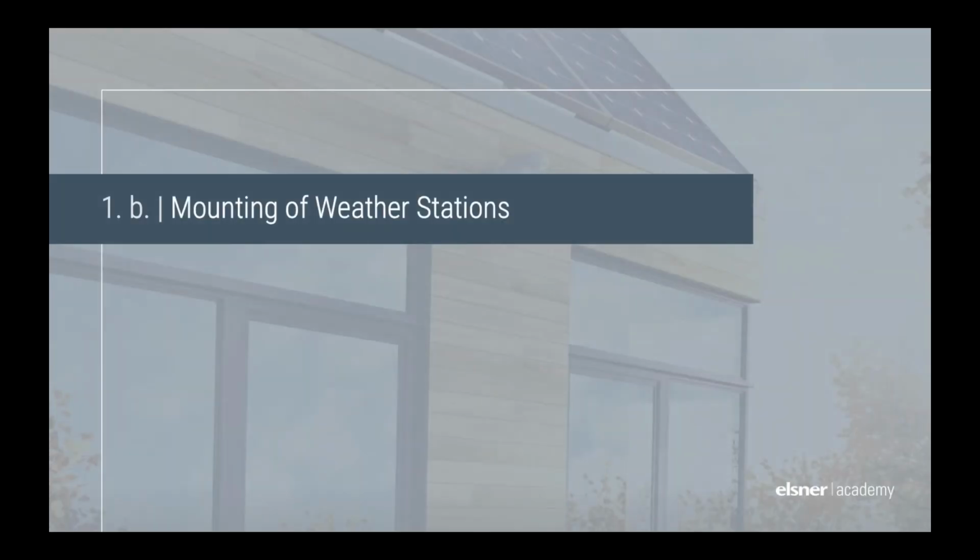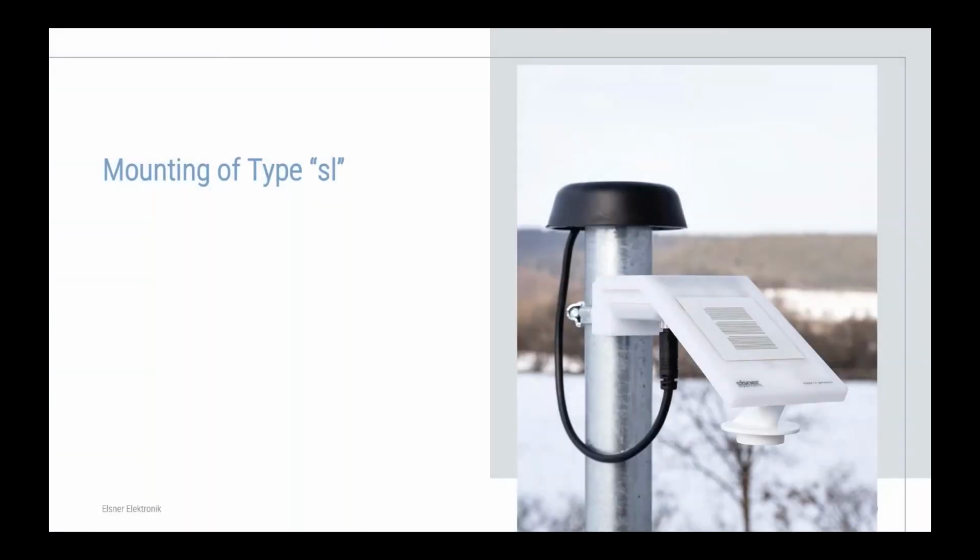All right, let's go into the more practical part of the webinar, how to mount the different types of weather stations correctly. Let's start with the type SL. So all weather stations with the housing shape of the Suntracer SL, as seen in the photo on the right, are mounted identically.